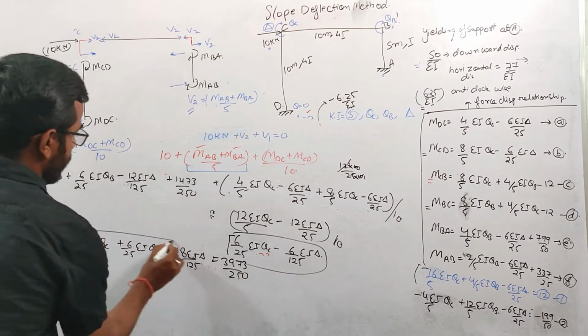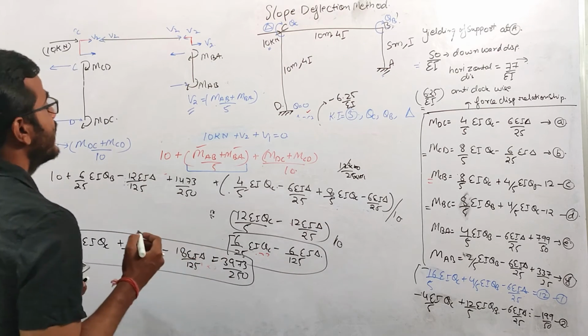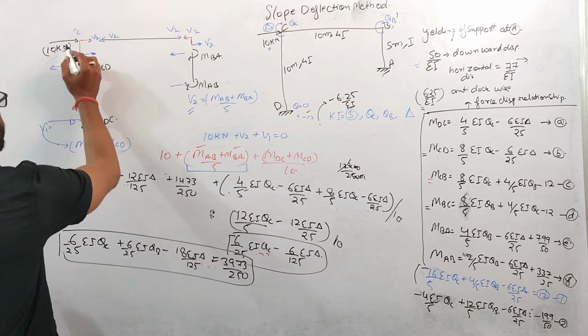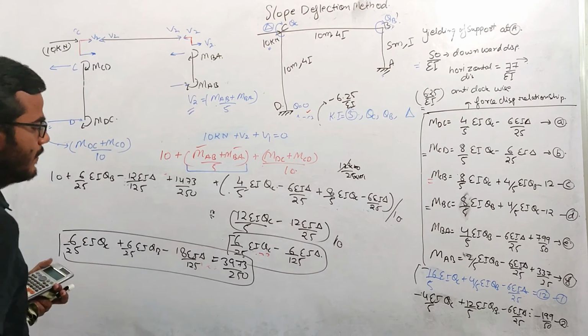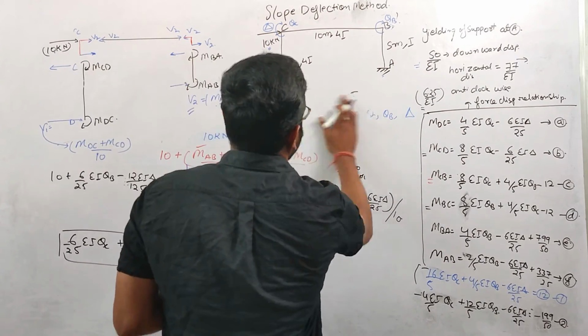So this is the equation which we are getting from the equilibrium equation corresponding to this horizontal movement delta. So again we'll write the equation over here.